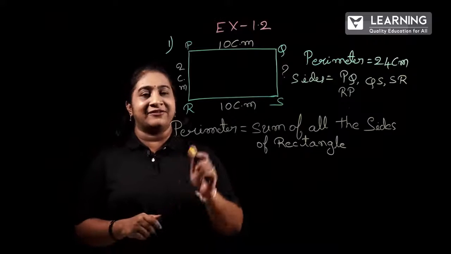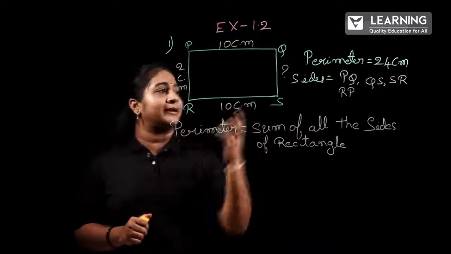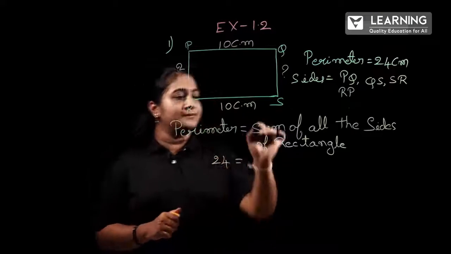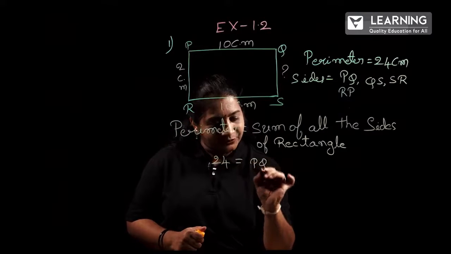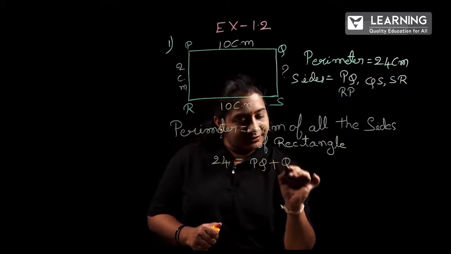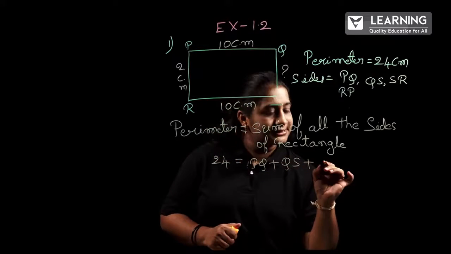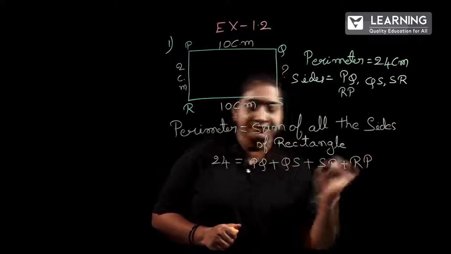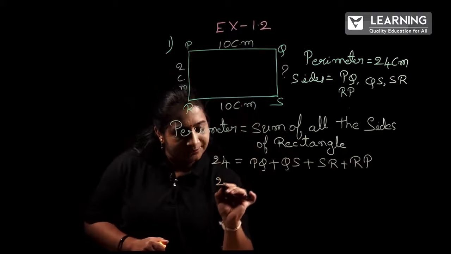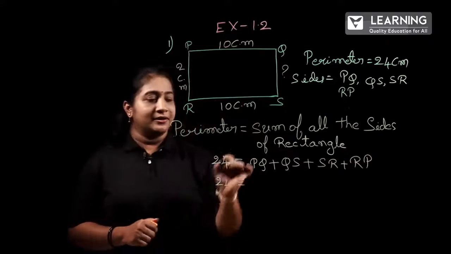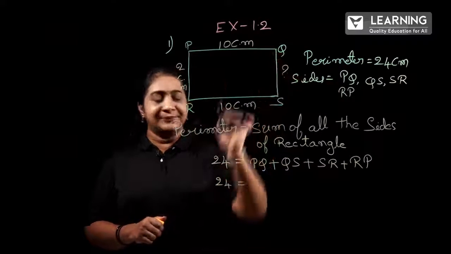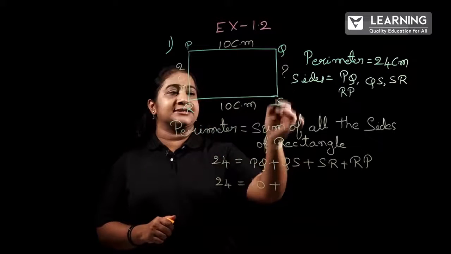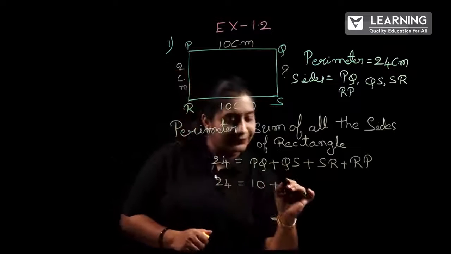But in this case, they have given a perimeter. What is the value of perimeter? That is 24 centimeter is equal to the sum PQ plus QS plus SR plus RP. So, 24 keep as it is. PQ, what is the value of PQ? 10 centimeter plus QS, we have to find out the value of QS.